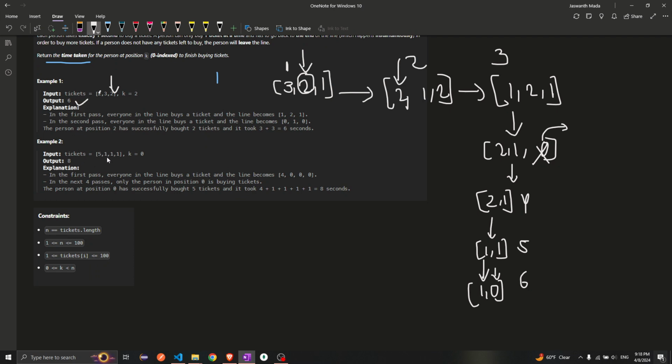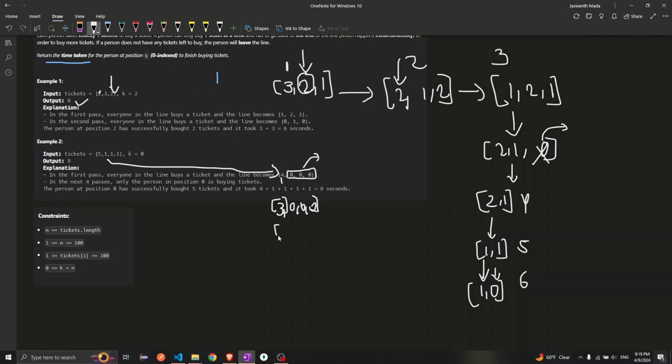So if you take a look at this example, in the first second, after buying, the array will become like this. After that, there is no need to consider these people because they don't want to buy any tickets. So this guy only wants to buy four tickets. So again, it will become 3, 0, or we can also remove them from the array.